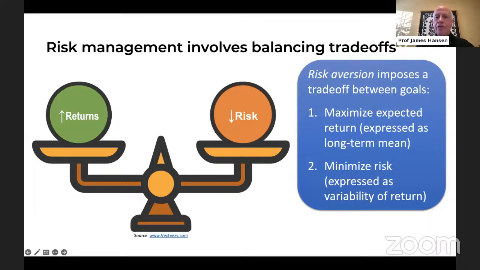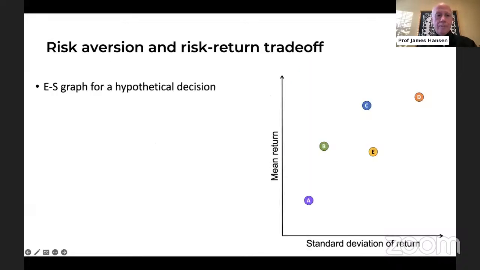So a risk-averse decision maker would be willing to sacrifice some expected return in order to reduce the riskiness of return. A useful way to visualize this is what we call an ES graph. E for expected return, S for standard deviation.